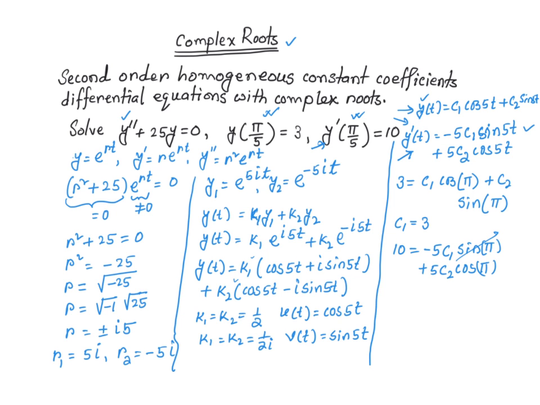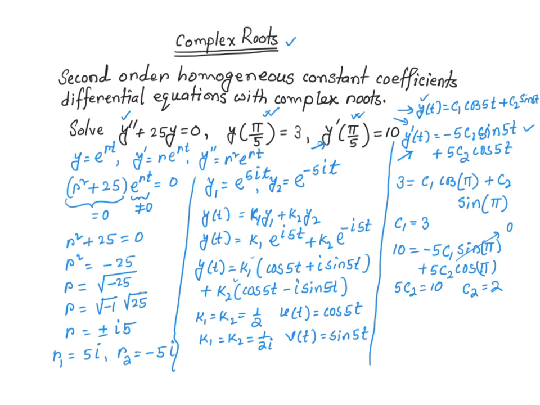And this, of course, is going to go to 0 because sine of pi is 0, right? And cosine of pi is 1, so that gives you 5 c2 is equal to 10, and your c2 is equal to 2. So you found the constants that go with the given initial conditions.